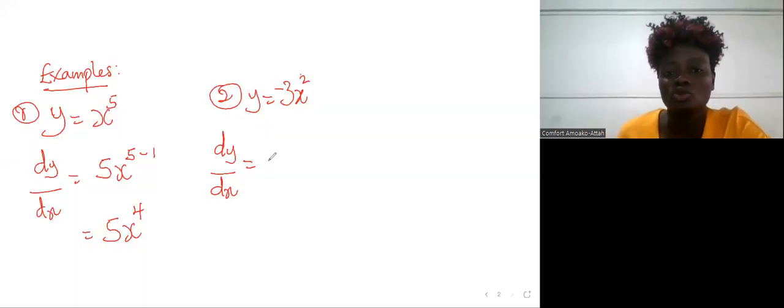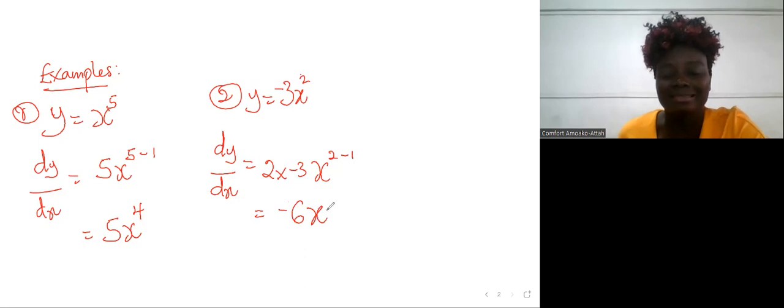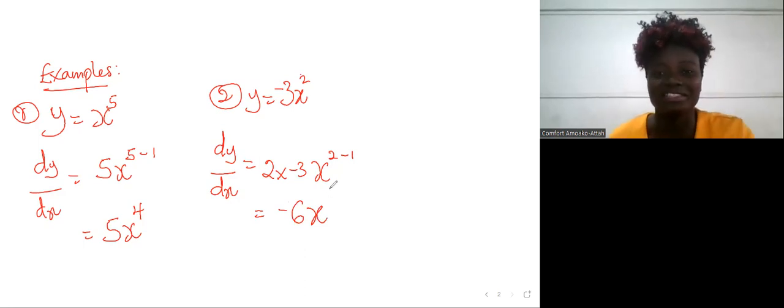So this is going to be 2 times negative 3x exponent 2 minus 1. Simplifying this, we get negative 6x, because x exponent 1 is the same as x.